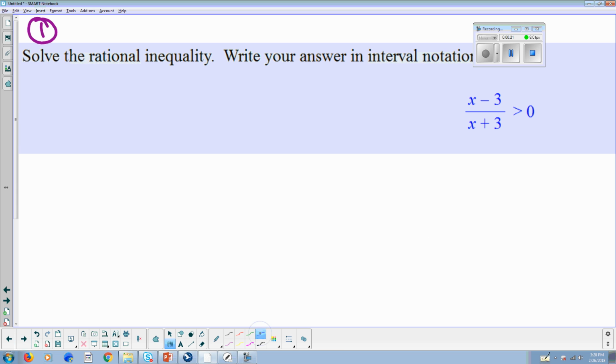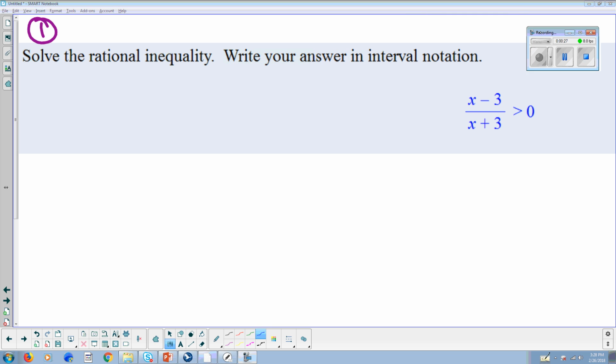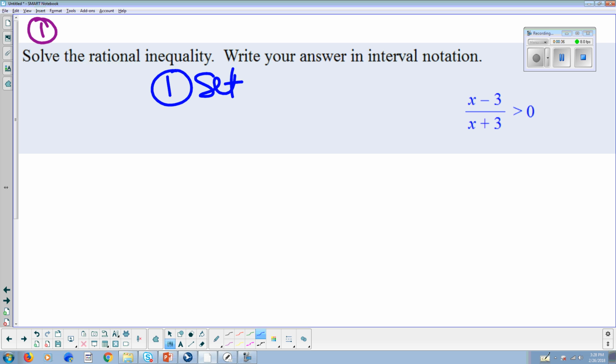Example 1 says to solve the rational inequality and write your answer in interval notation. The first step for any of these problems is to set the inequality to 0.